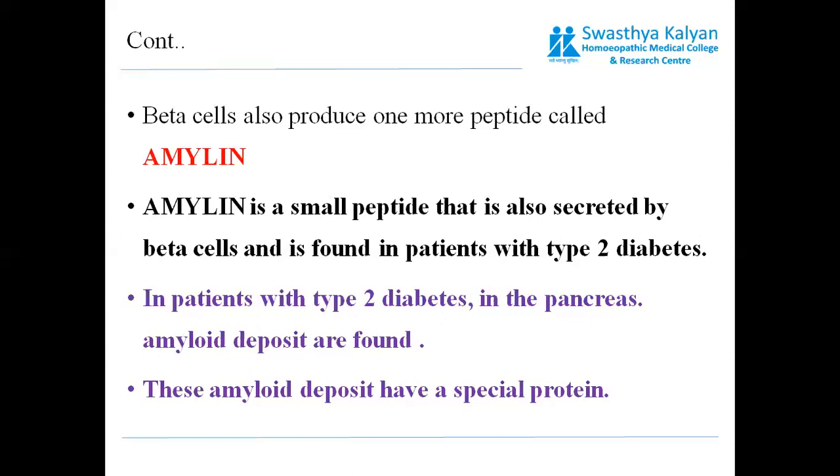These amyloid deposits have a special protein, and these amyloid deposits in the pancreas consist of amylin. So that is why amylin is such an important peptide.